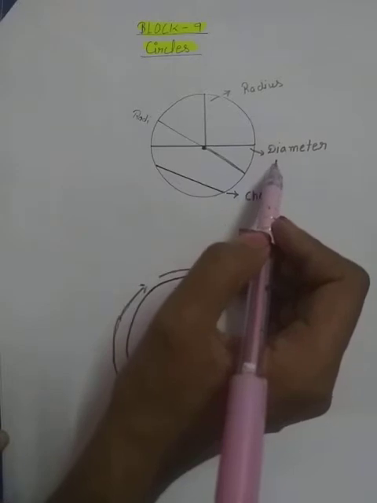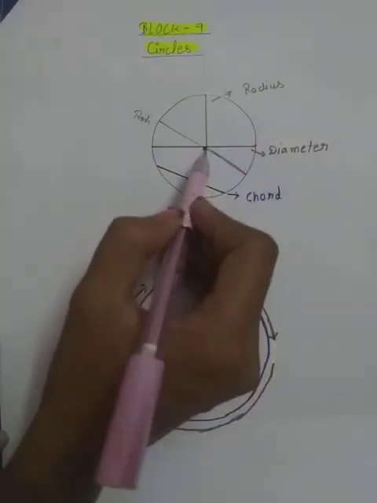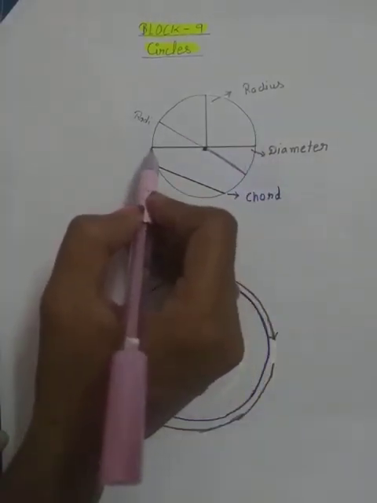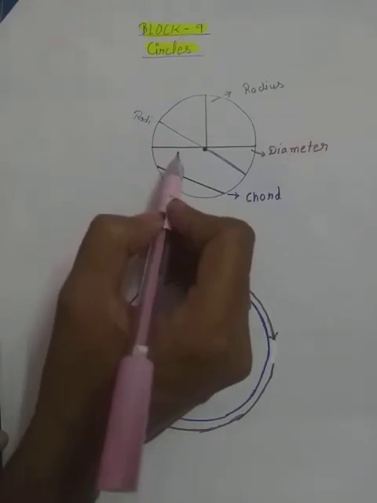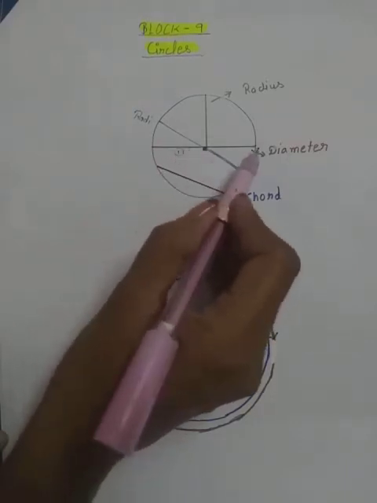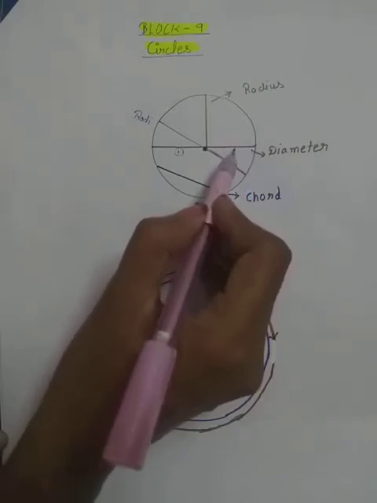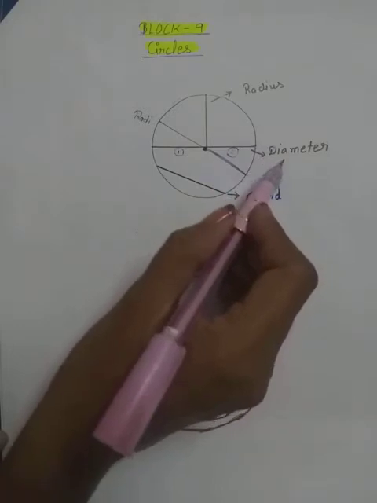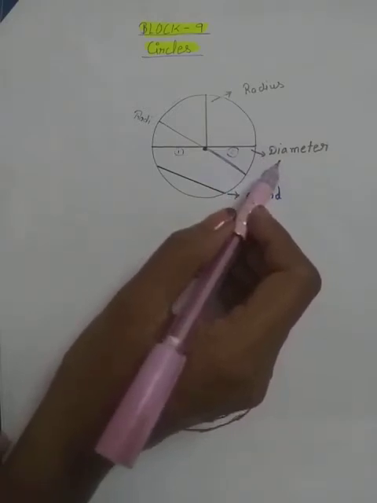How can we say double of the radius? From the center to the edge, this one is one radius, and this from the center is the second radius. That means double of the radius is called the diameter.